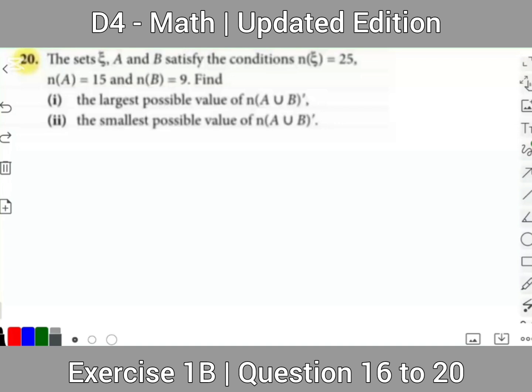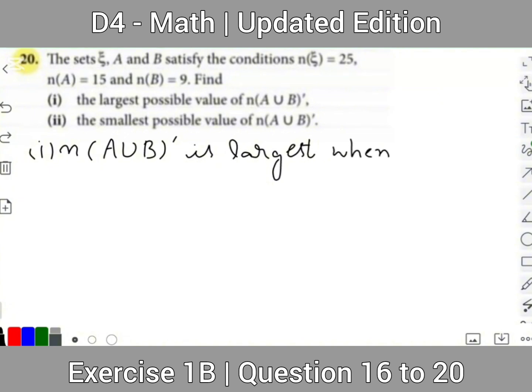So for this, n of (A union B) whole complement is largest when n of A union B is smallest.